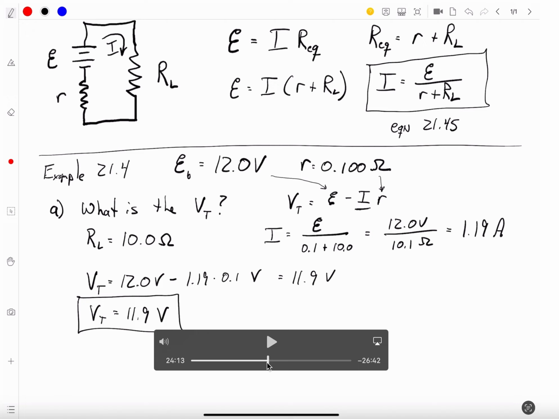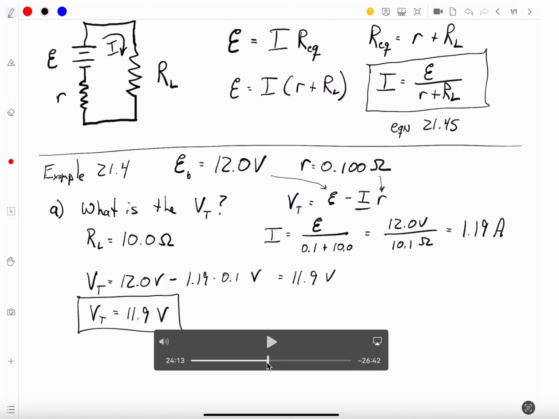So we can take 21.45, the boxed in equation at the top there, and figure out what our current is. And it turns out if you do that, 12 divided by 10.1, you get 1.19 amps.